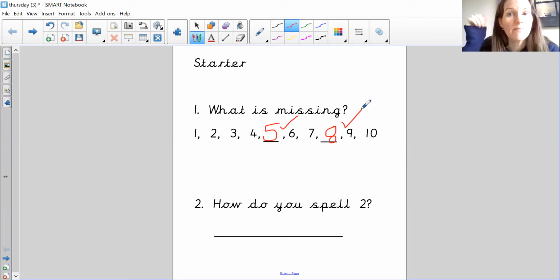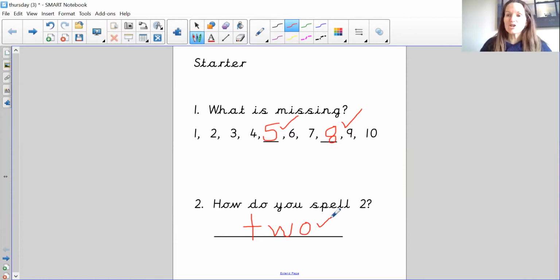Can you shout it out? Okay, let's see. So a T, then a W, this is a tricky word, and then an O. Give yourself a tick if you've spelled it correctly. If not, then write it correctly underneath so that you can learn how to spell the number 2.